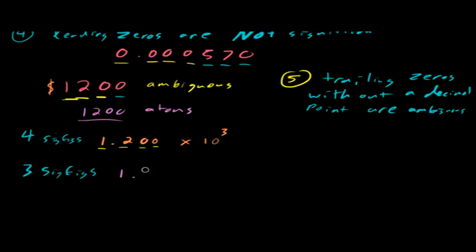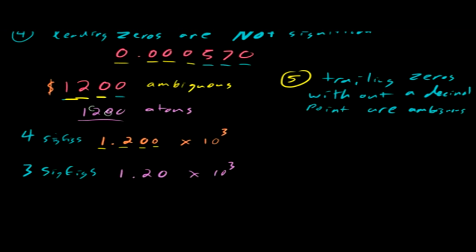So we would say 1.20. So now we've only got 3 significant figures times 10 to the third. We don't have to change the exponent on our 10. All we have to do is leave one of our zeros off, because with 3 significant figures, we know a little bit less information about this number 1200 than we did when we had 4 significant figures.